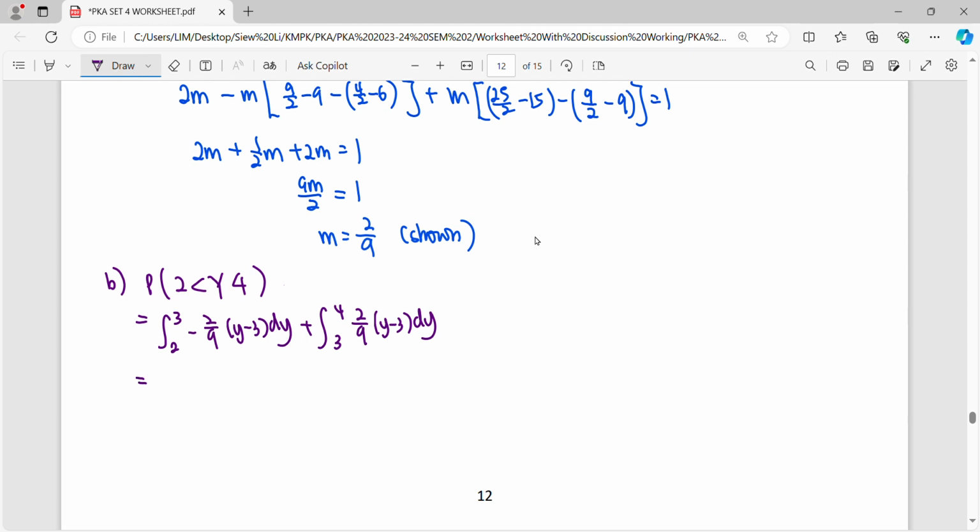So to integrate this, same procedure, constant we factorize out, then we integrate power plus 1 over new power, upper limit 3, lower limit 2.